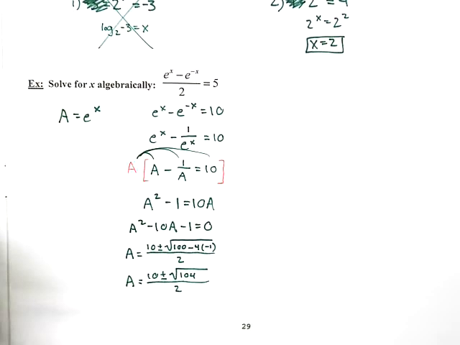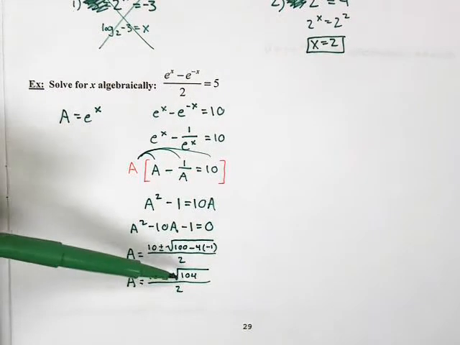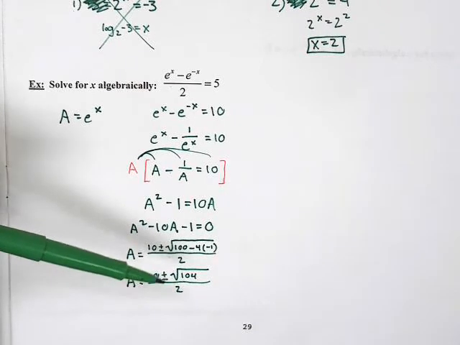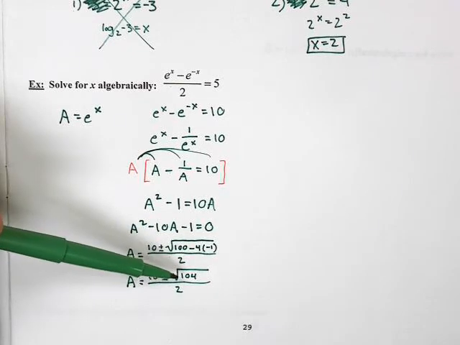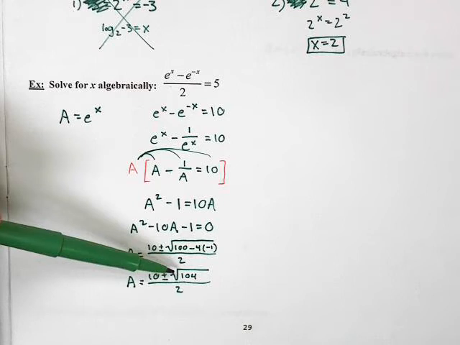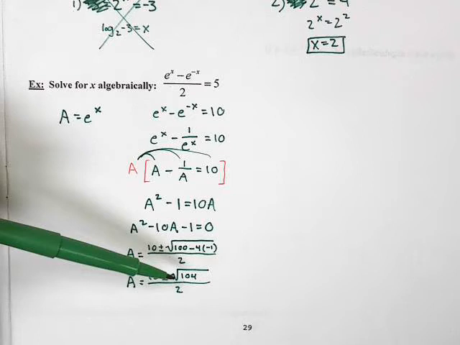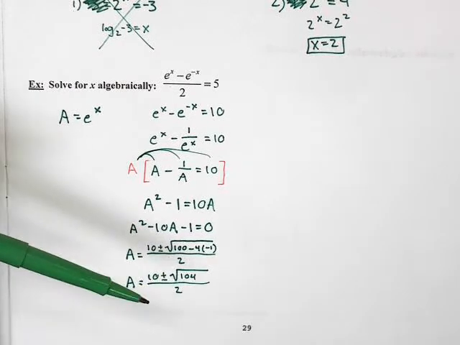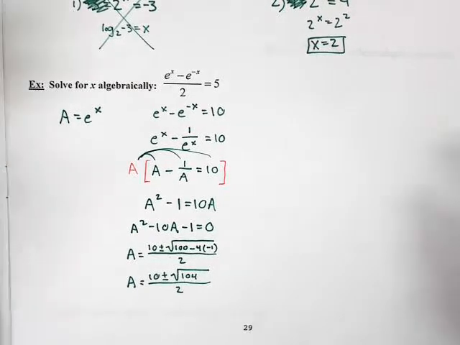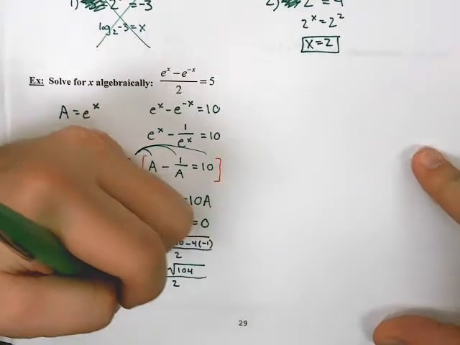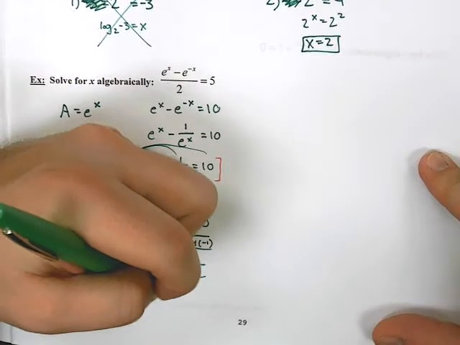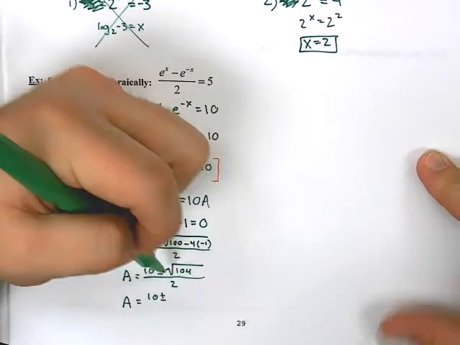We continue. When you get to the square root of 104, if you want to do your factor trees, go for it, whatever is easiest for you. I know that I can take a 4 out, and I think of money: 100 is easily divisible by 4, 25 times, so 104 is divisible by 4 as well, 26 times. So a is equal to 10 plus or minus, now be really careful, the square root.